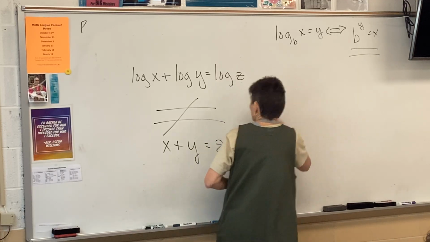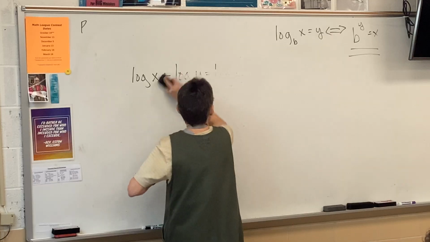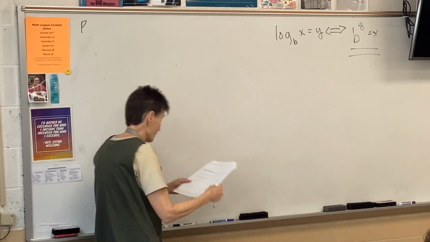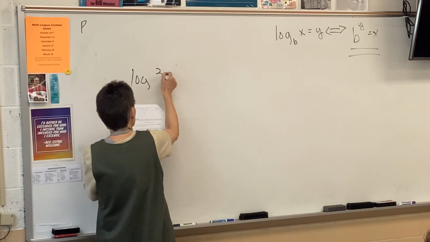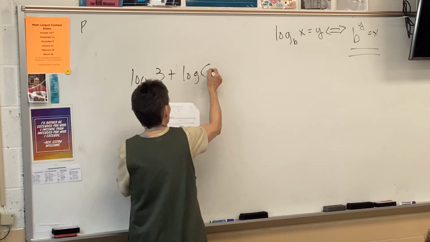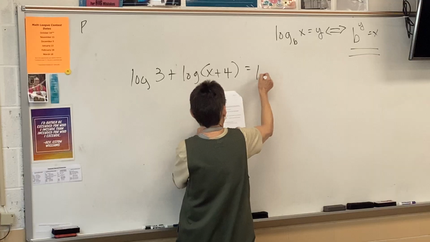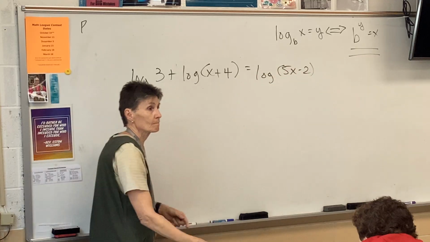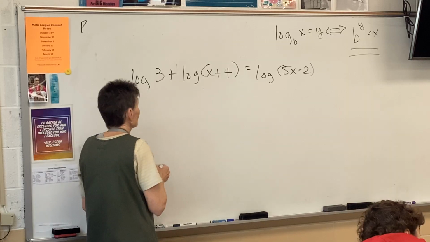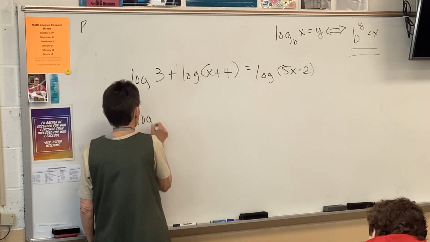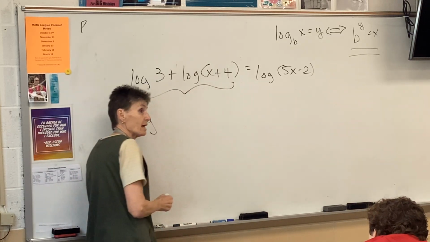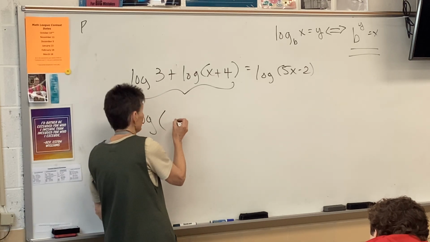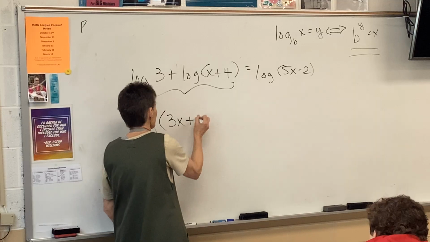What are we going to start with problem? Okay. What are we going to do first? What do you think? Charlie, Well, since they're like added together, we could like, or wait, hold on. put those together, Yeah. and it's going to be the log of 3x plus 12.